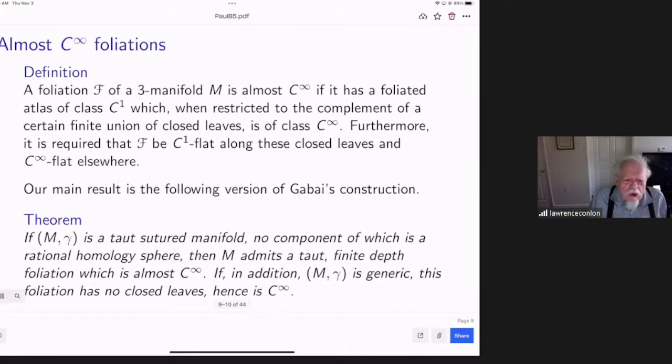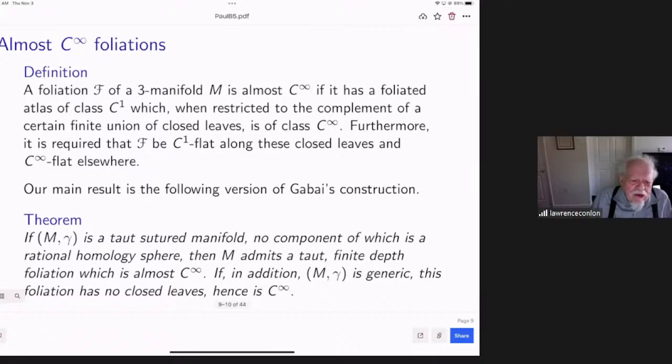So furthermore, I require that along those finitely many closed leaves, the foliation be C1, C1 flat, and then of course, the foliation is C infinity elsewhere.